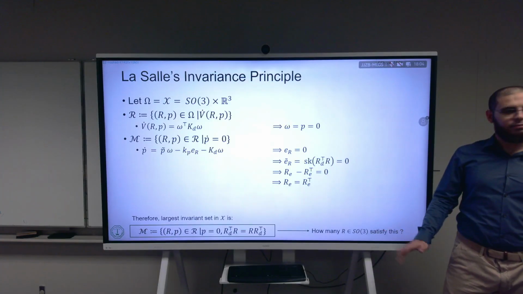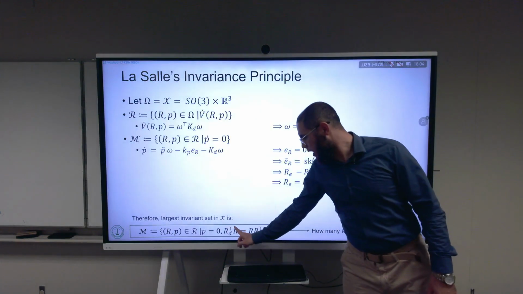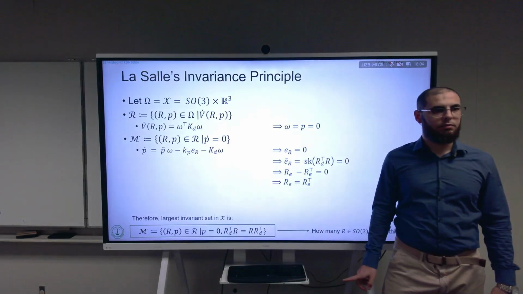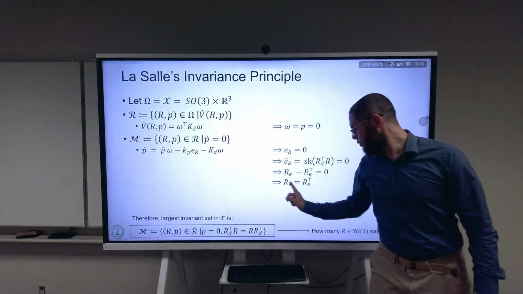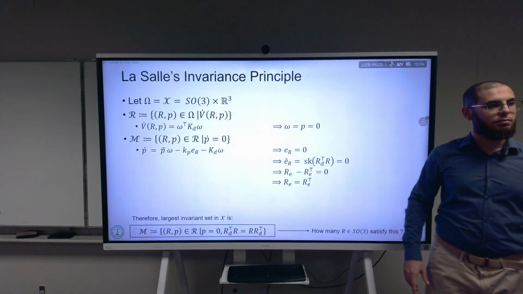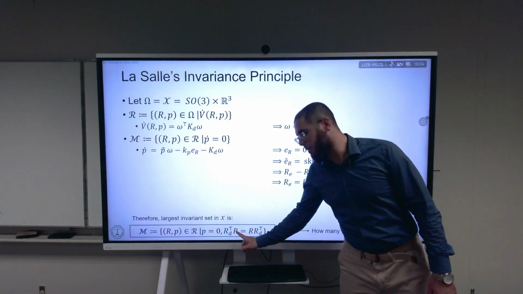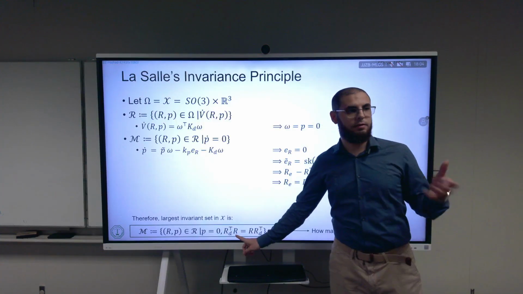Make sense? So in case I substitute here R to be R desired, does it satisfy this equation? Yes. Identity is symmetric. So this is R desired transpose multiplied by R desired. What do you get? Identity.